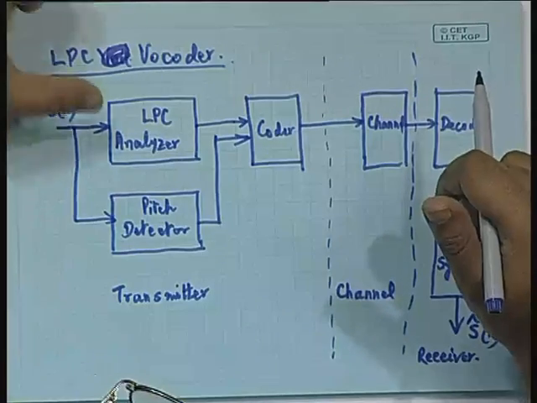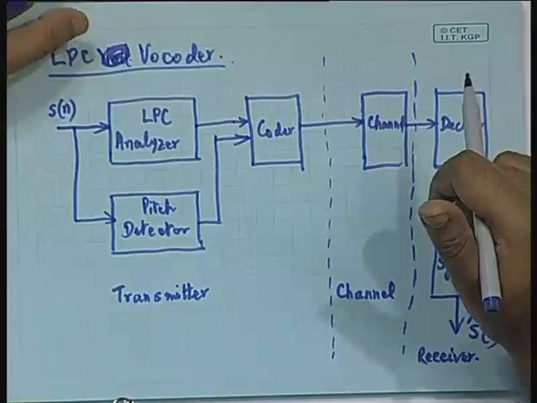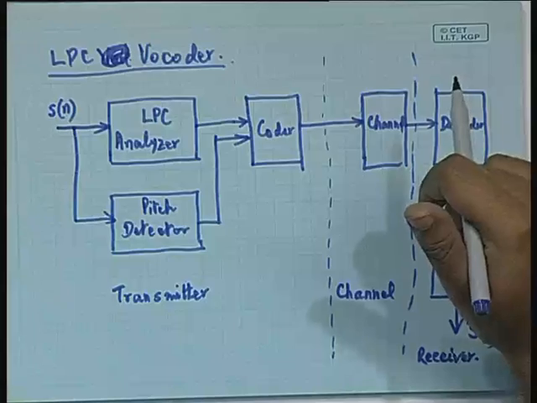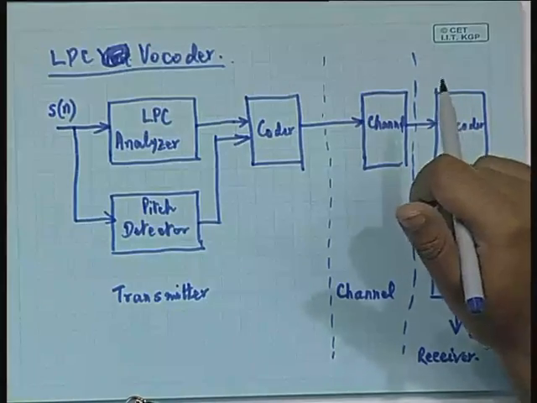We also had the pitch detector there, and then we encoded everything. The idea was very similar, the only thing is that the bank of filters is being replaced in this case by the LPC analyzer.